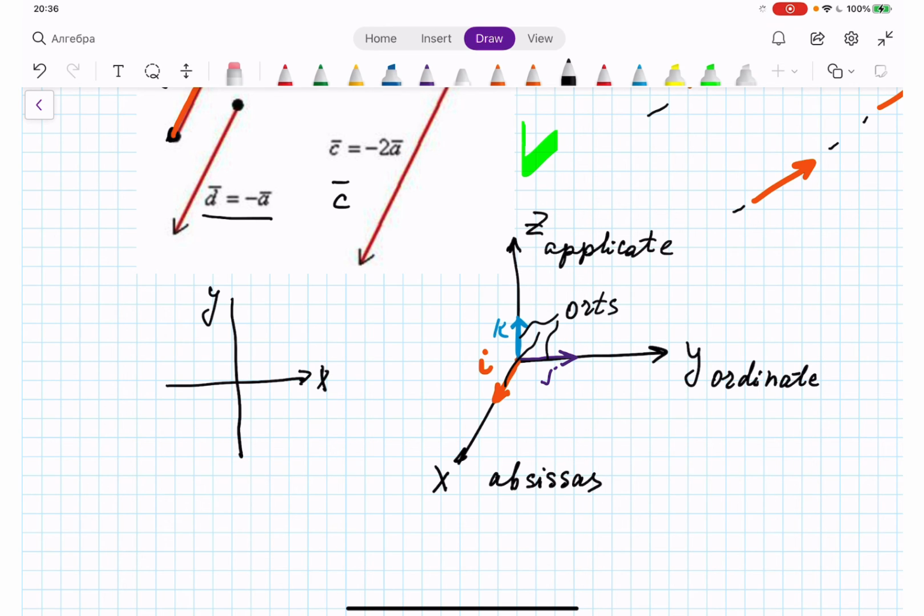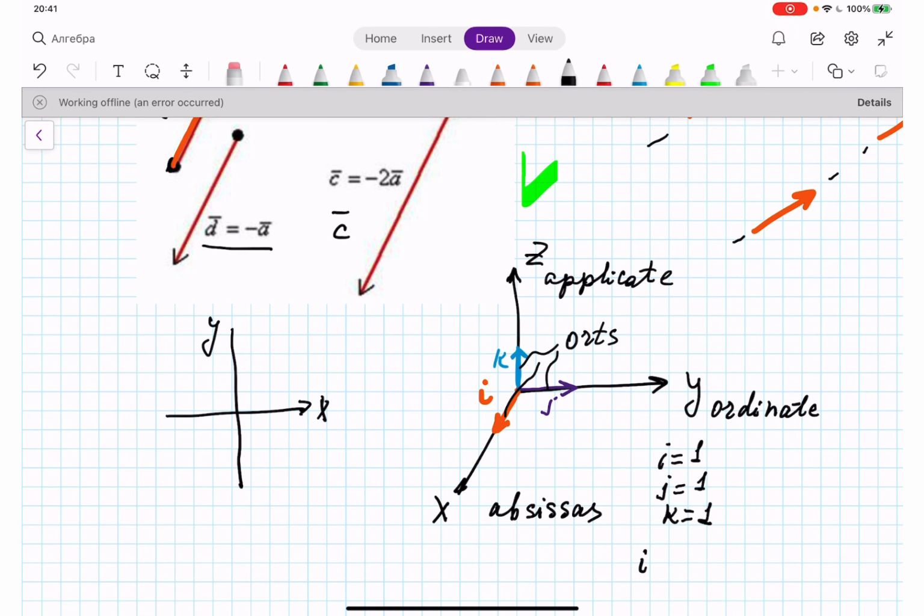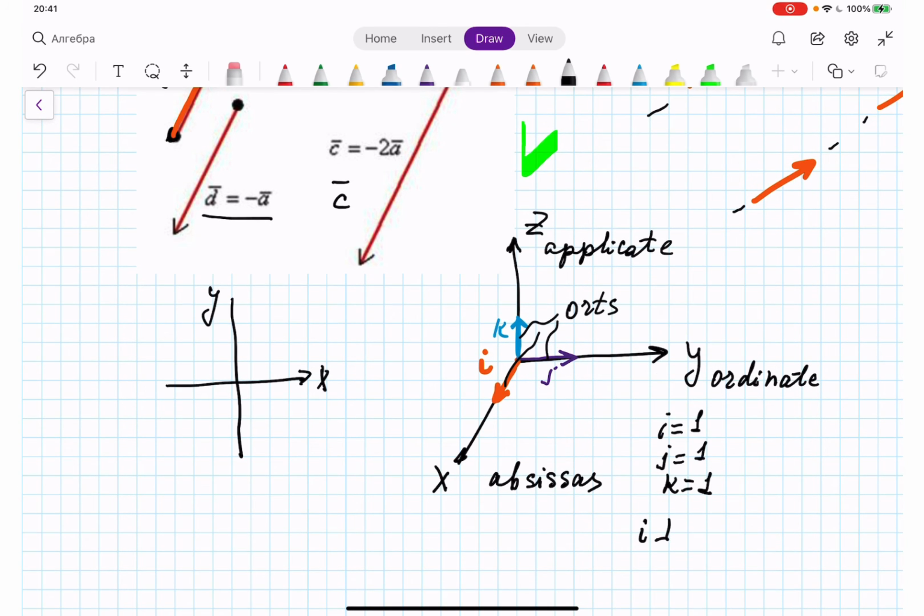They have unit modules: the length of i is equal to 1, j is equal to 1, k is equal to 1. And we can say that i is orthogonal to j and k, orthogonal being a synonym of perpendicular.